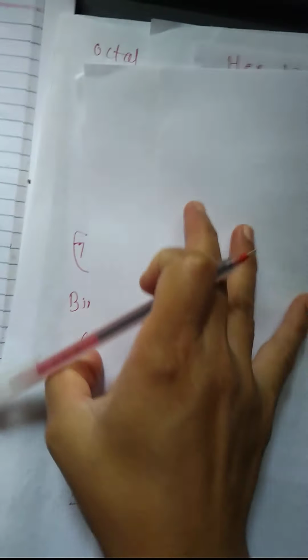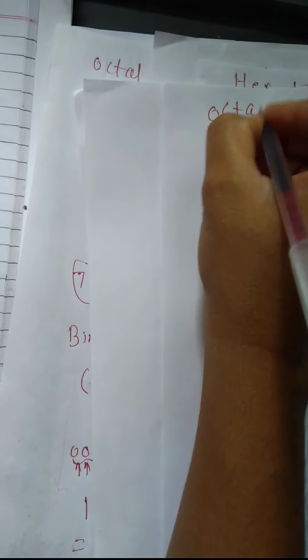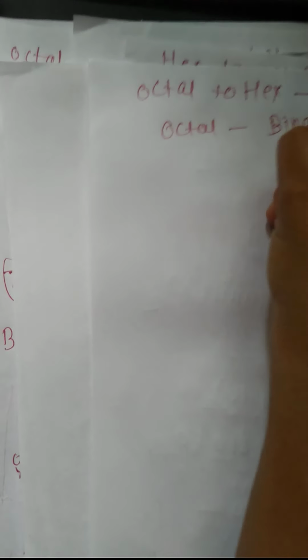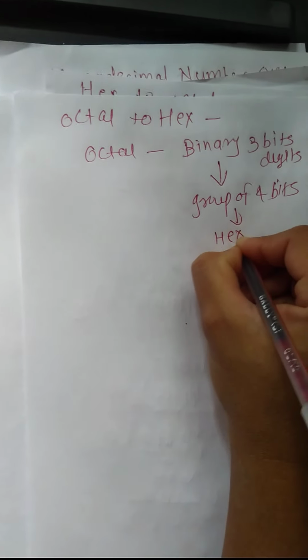Next number system, octal to hex. This is exactly the reverse of hex to octal. Here the octal number is first represented in binary, 3 bits per digit, and these bits are grouped into groups of 4 bits, and each group of 4 bits is represented as a hex digit.